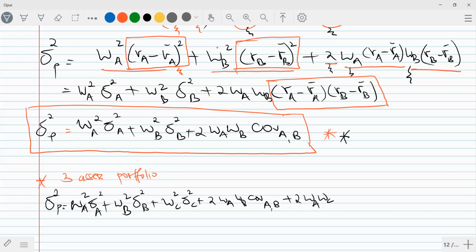Plus, don't forget also B and C: plus 2 weight of asset B, weight of asset C, covariance between B and C. And that's how you get the risk of the portfolio.